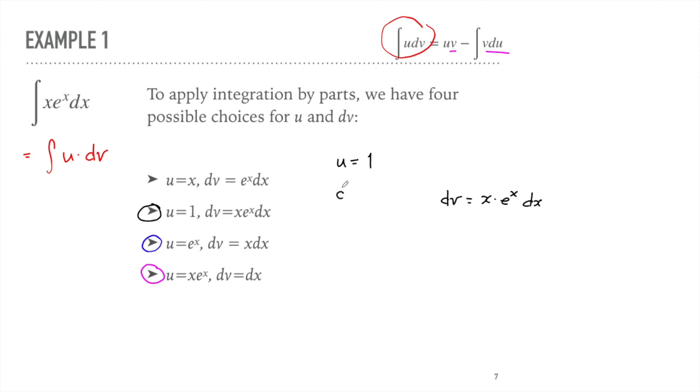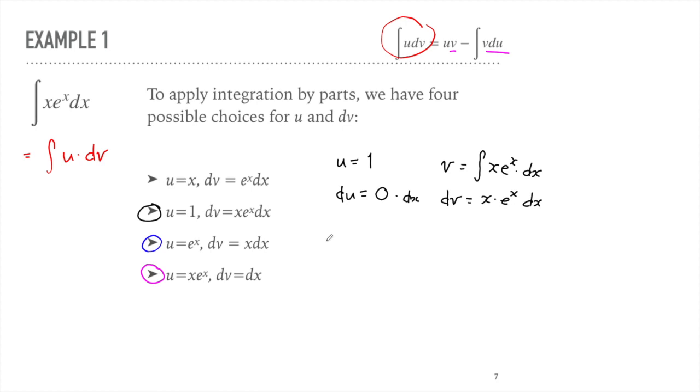So, ang du natin ay 0. At ang v natin ay yung integral nito. And yun nga yung problem. Hindi natin alam yung integral ng x e to the x dx.